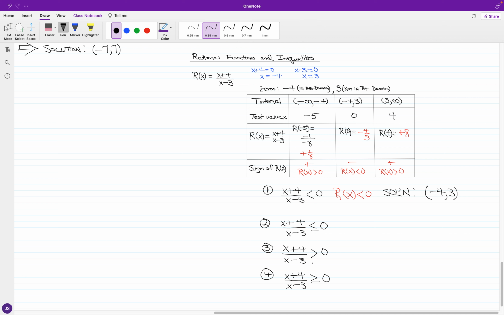Now if I just jump to the greater than 0 part, here we have r of x is greater than 0.